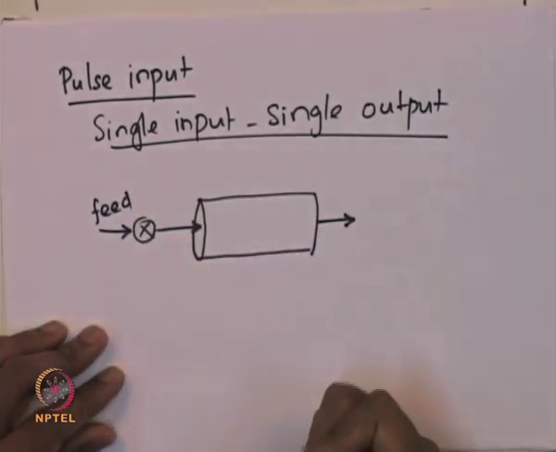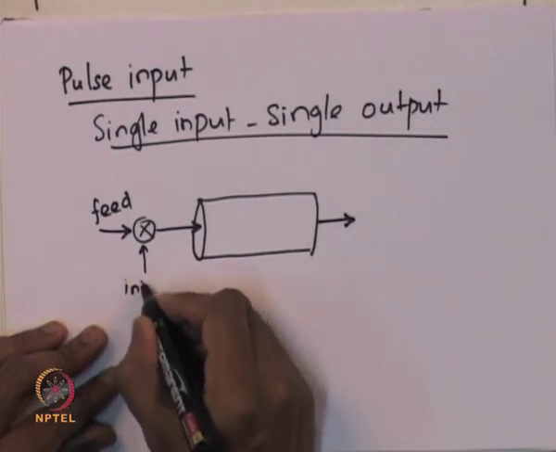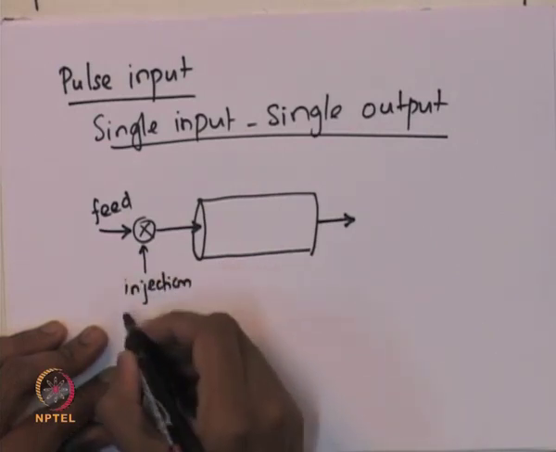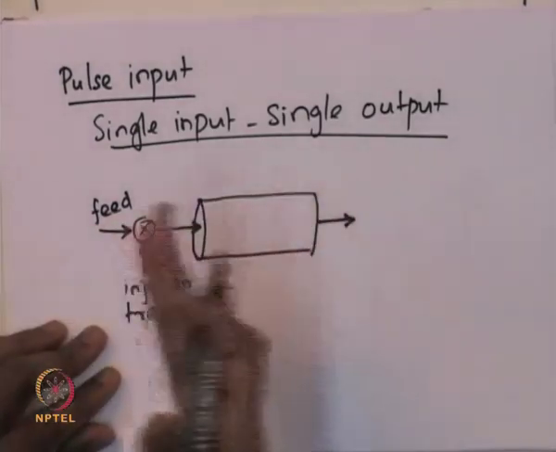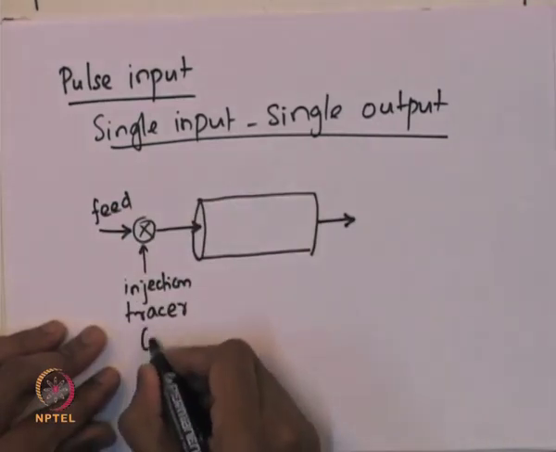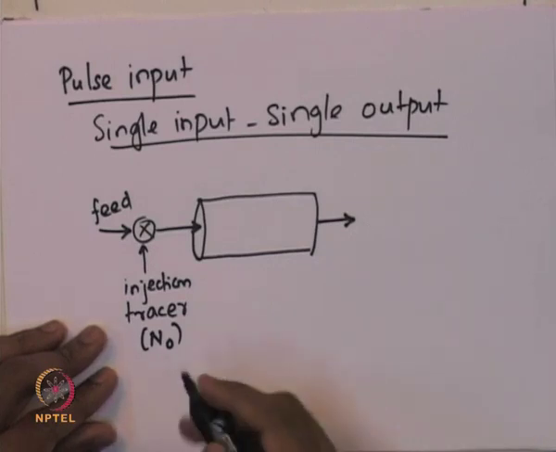Let us say we inject the tracer along with the feed which goes into the reactor, and maybe the total amount of the tracer is N naught, and it has to be a pulse tracer.